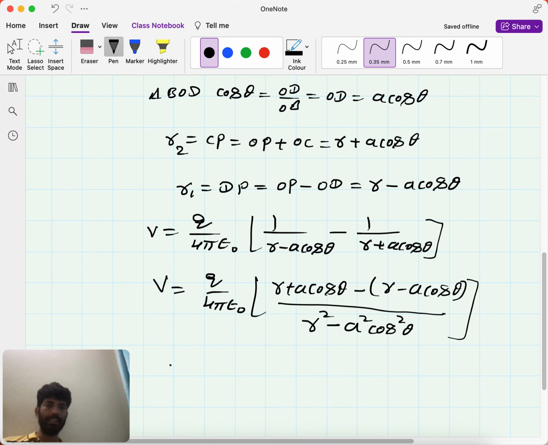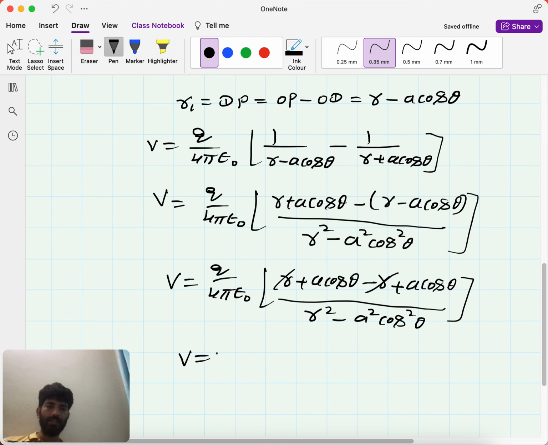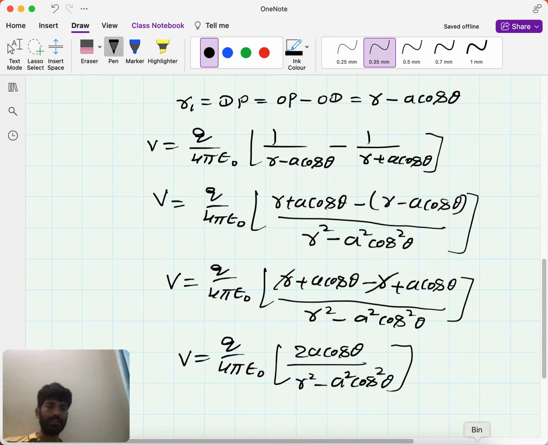V is equal to q by 4 pi epsilon naught into r plus a cos theta minus of r minus a cos theta, whole divided by r squared minus a squared cos squared theta, using the (a minus b)(a plus b) concept. The plus r and minus r get cancelled. Then V is equal to q by 4 pi epsilon naught into 2a cos theta, whole divided by r squared minus a squared cos squared theta. So this is the concept here.